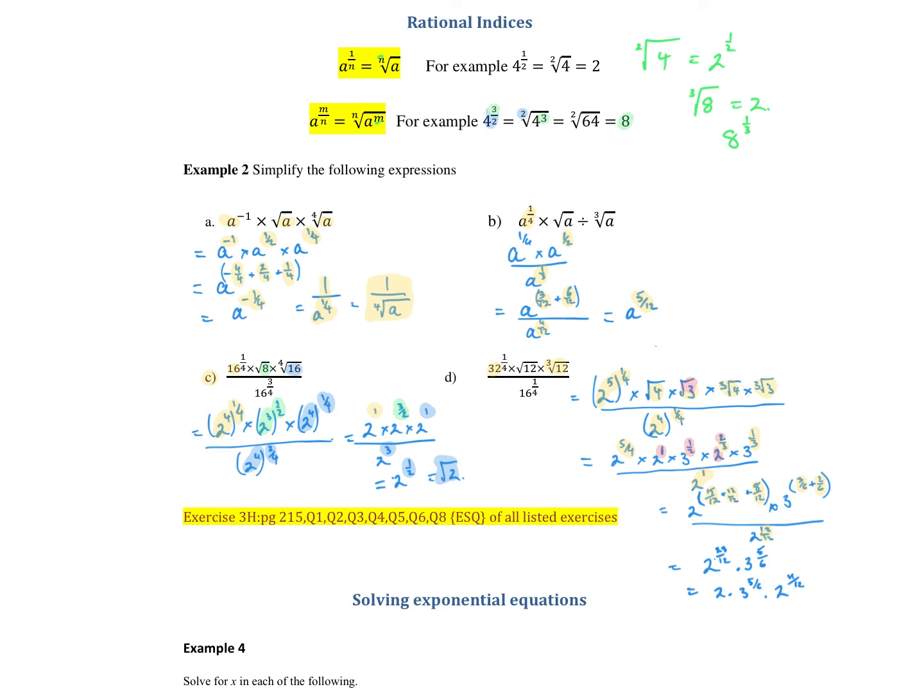So adding the powers, 15 plus 12 plus 8 is 35 on 12. So I subtract that, gives me 23 on 12. 3 on 6 plus 2 on 6 is 5 on 6. And so that's a reasonable sort of answer. The 23 on 12, I could write as 1 plus 11 twelfths. So there's my 2 to the 1 there, and there's my 11 twelfths there. And that matches off to our CAS.